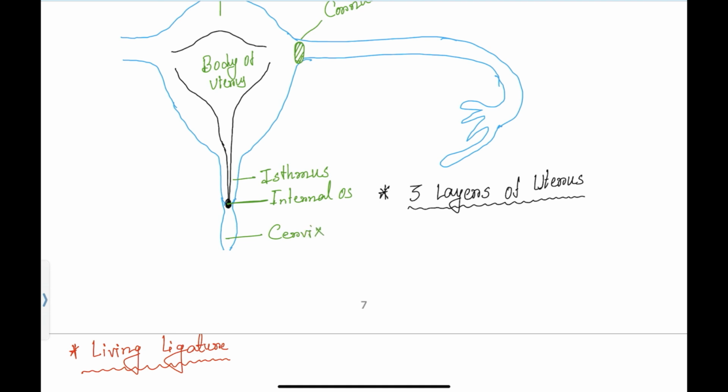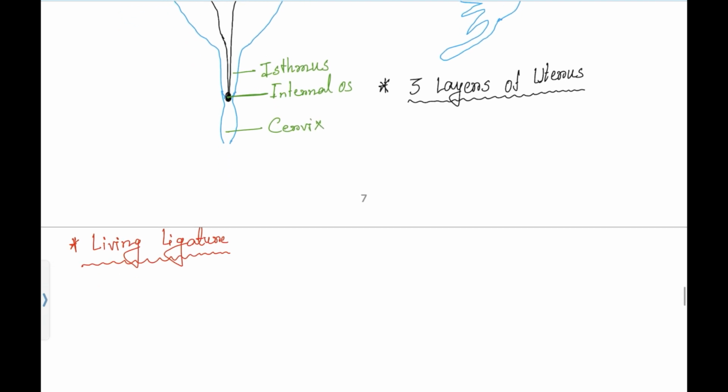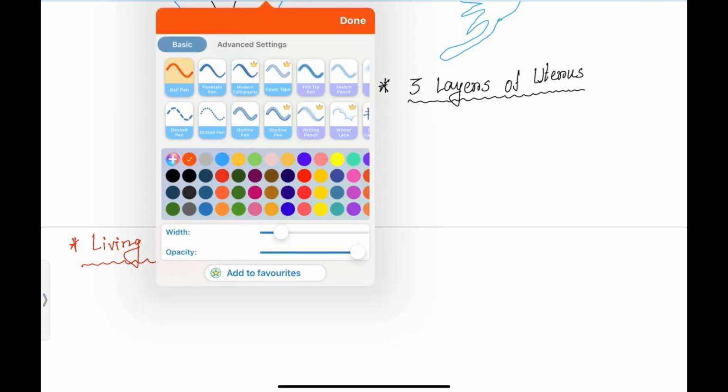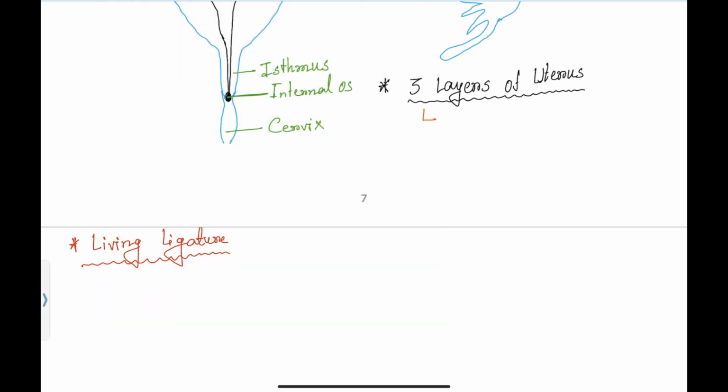Okay, we will discuss one by one the different parts of the cervix and the 3 layers of the uterus. It is also very important, from inner to outer, I am discussing.